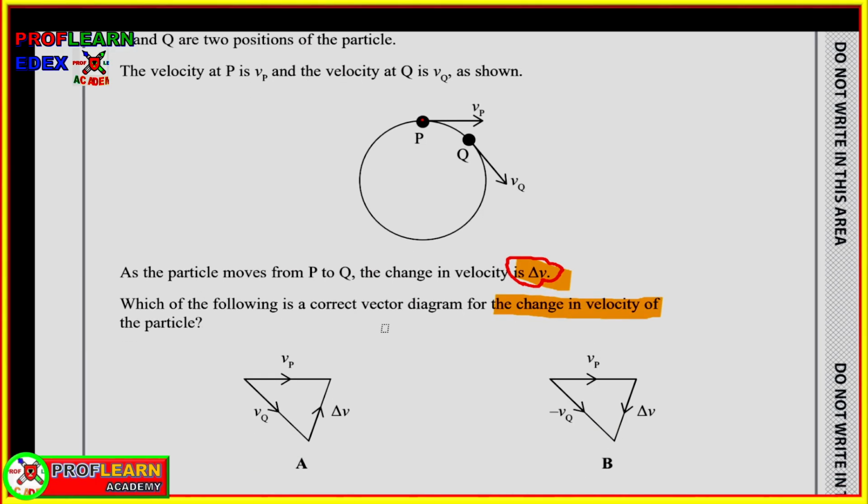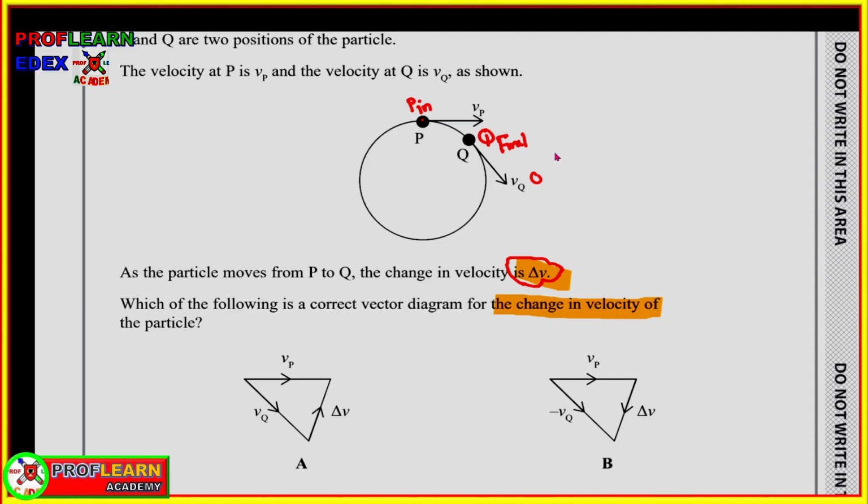In this case, we are going to use the vector skills that we learned, so we need to identify a few things. P is considered to be the initial point because it's moving from P to Q, and Q is the final point.